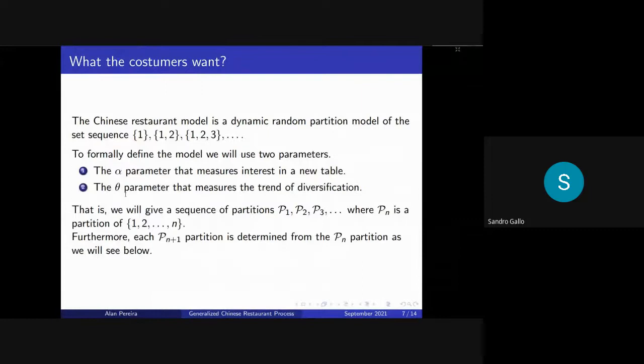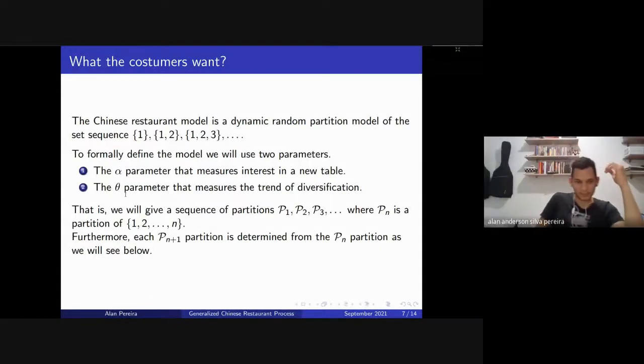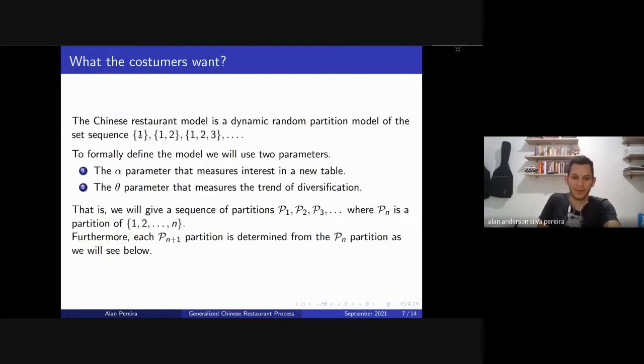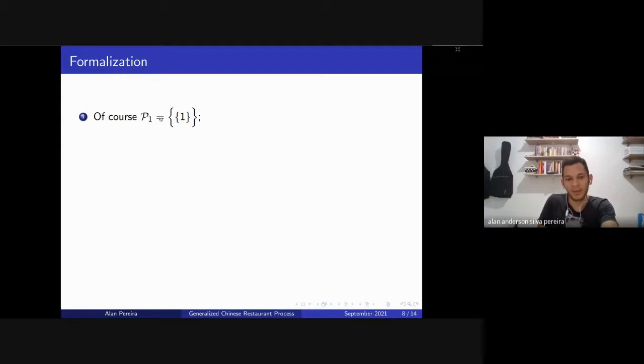Okay. So in the first set we have only one non-empty subset, which is the whole set itself. So the first partition has to be the partition that contains only the whole set.